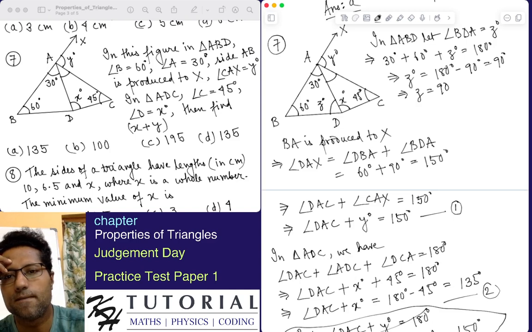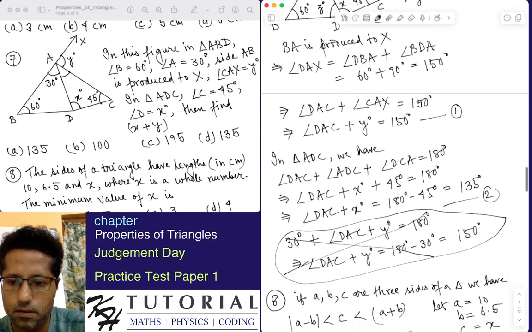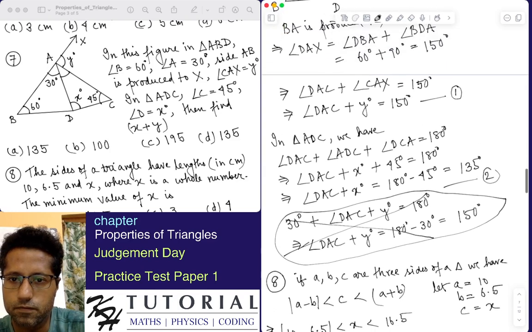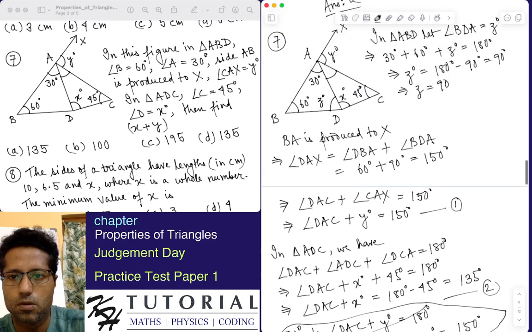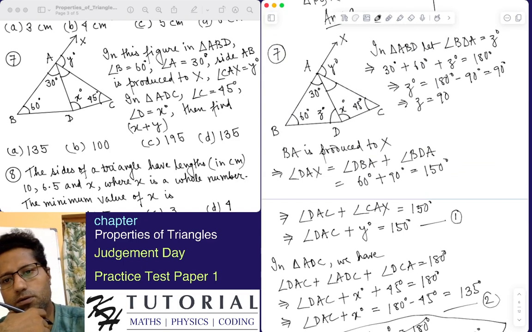Now we know that y equals x plus 45. Have we used this fact? No. See, in triangle ADC, we can, oh no, sorry.